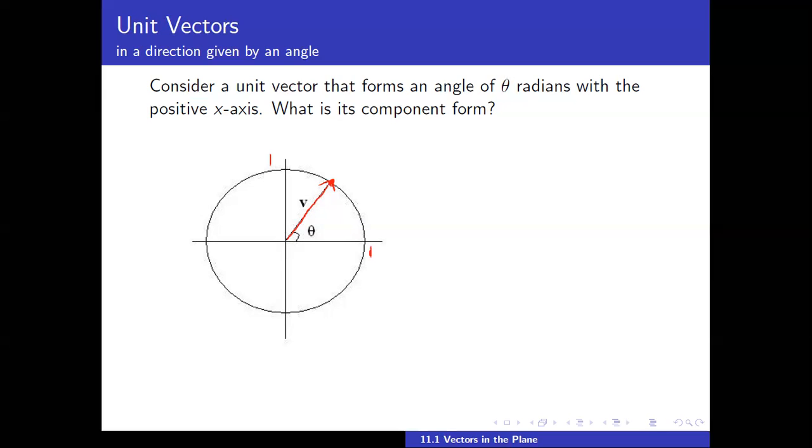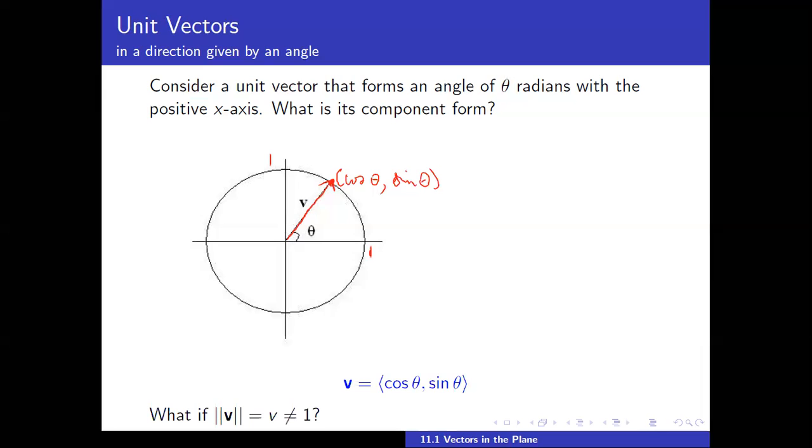So this point would have coordinates cosine theta, sine theta. And since this vector is emanating from the origin, the vector itself would have horizontal component cosine theta and vertical component sine theta, yeah?